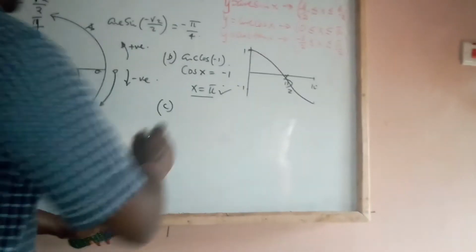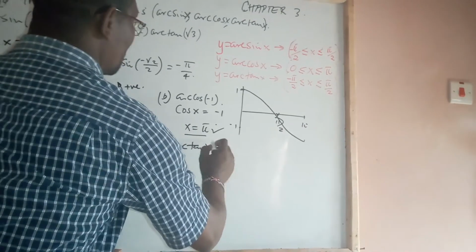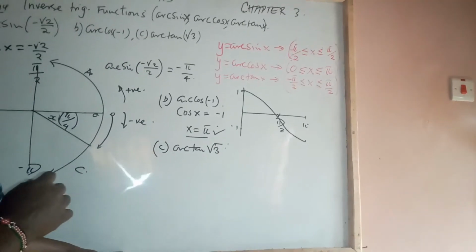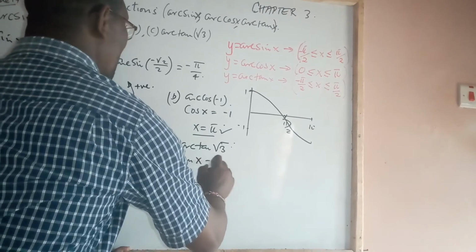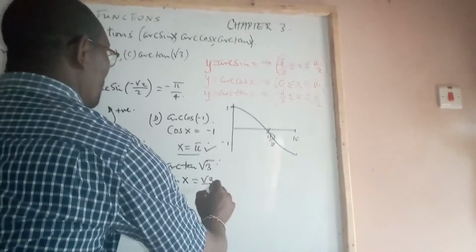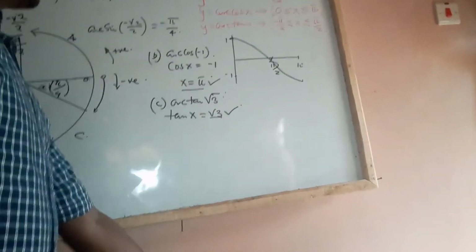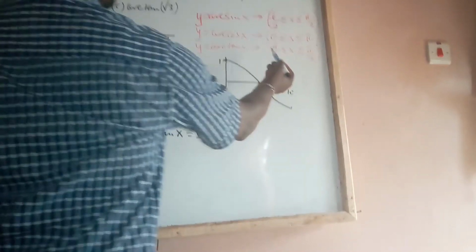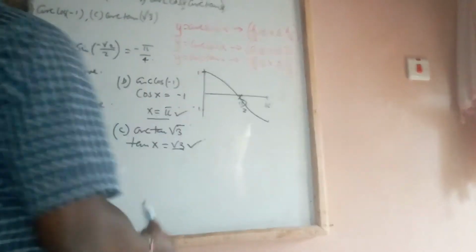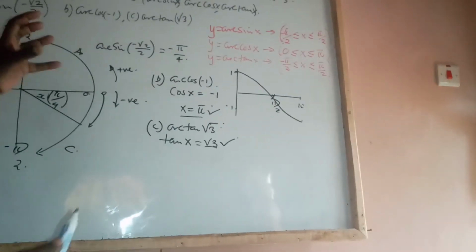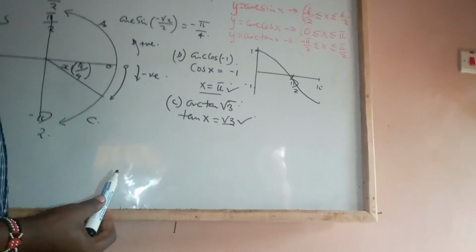Part C asks, what about arc tan of root 3? Again, it tells us that there was a certain angle x whose tangent was root 3. But again, what is the range? You can see the range is from -pi/2 to +pi/2, because that is when that graph has an inverse.